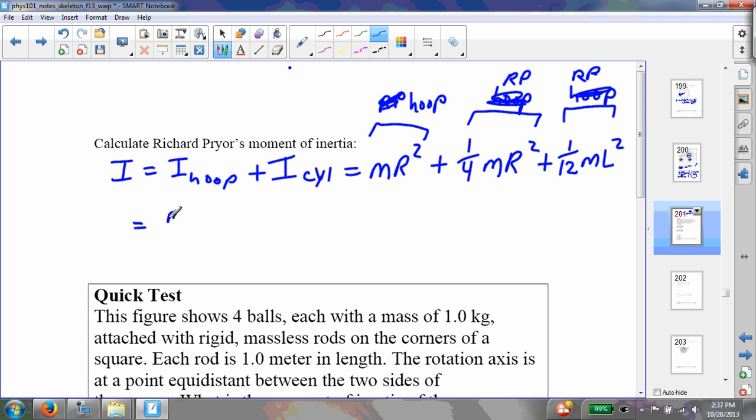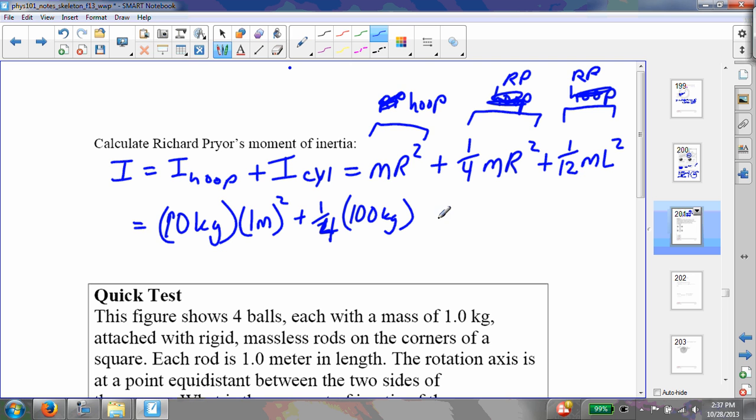All right, so mr squared, that was 10 kilograms times the radius of the hoop, which was 1 meter squared, plus 1/4 of 100 kilograms, that's the mass of Richard Pryor, times the radius of Richard Pryor, which is 0.3 meters squared, plus 1/12 of 100 kilograms, times the length of the cylinder, which is 2 meters.